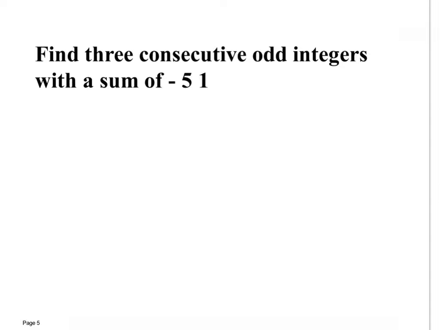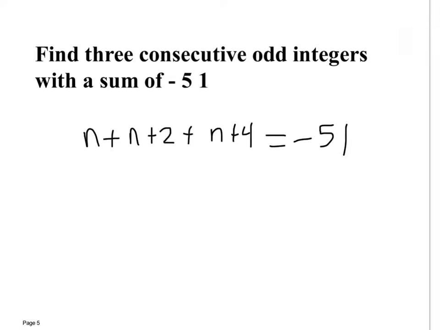So we have n added to n plus 2 added to n plus 4 equals negative 51. So I need to figure out what n is, and then I can figure out the next 2 numbers after that. Everybody with me?